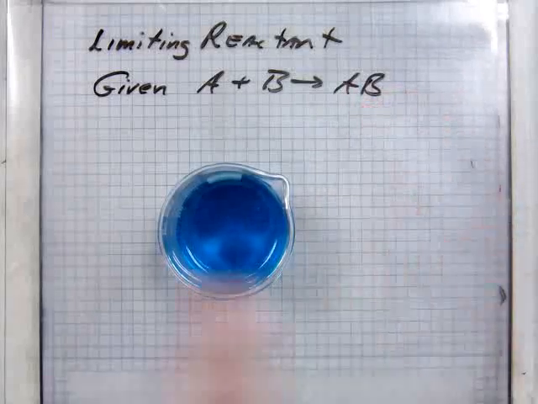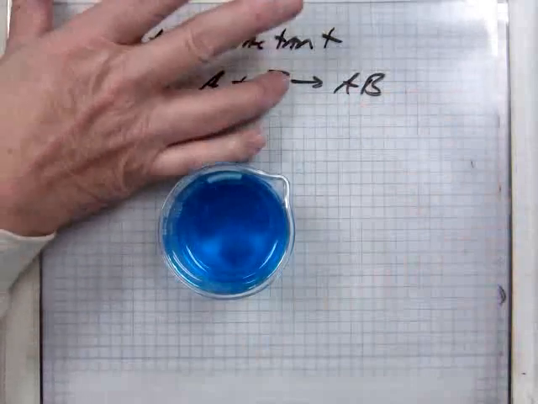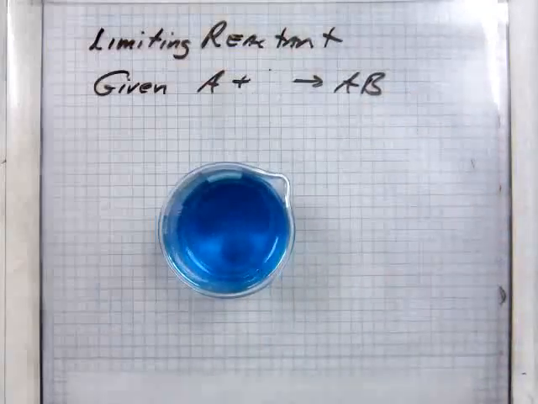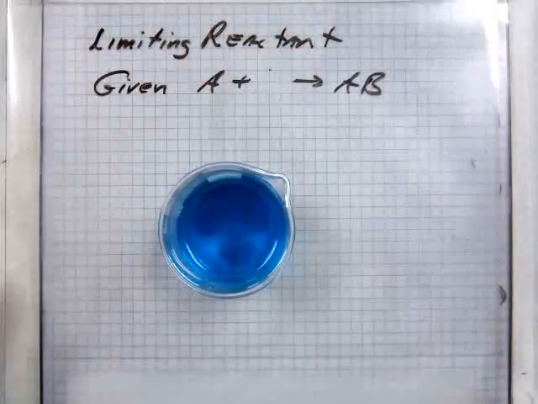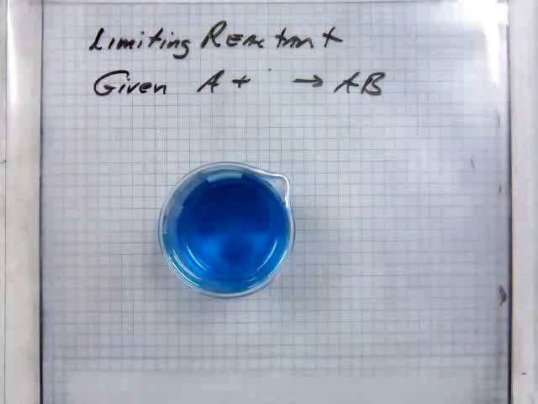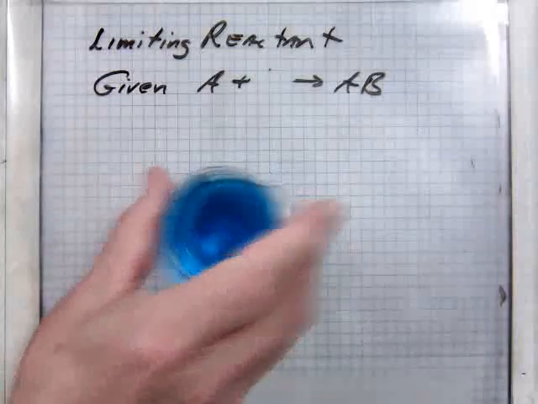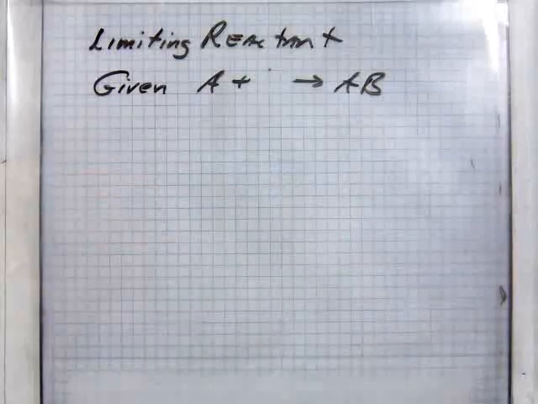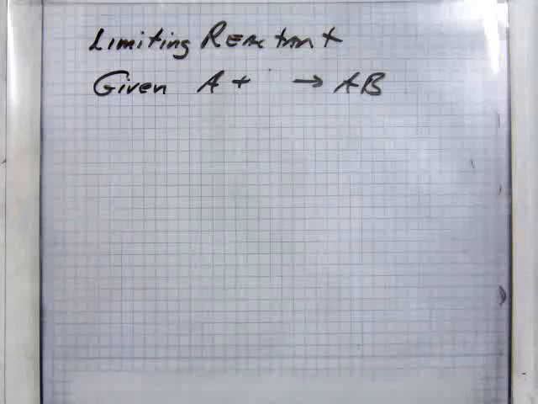Okay, and the water is A, but B will now not be present, even though it's showing blue, but now the color AB is blue. So the one that's in smaller amount is the limiting reagent. Okay, how do we determine which one of the components in a chemical reaction is the limiting reagent?